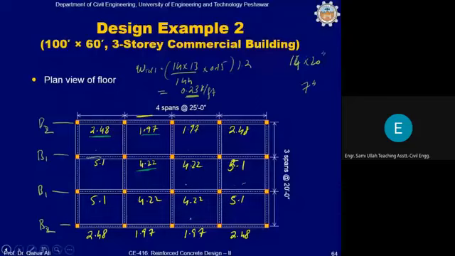For example, this is now beam 3 and this is beam 4. And if you analyze these two beams, we have analyzed all the beams in the short direction, because this is also equal to B3, again this is B3, then B3.